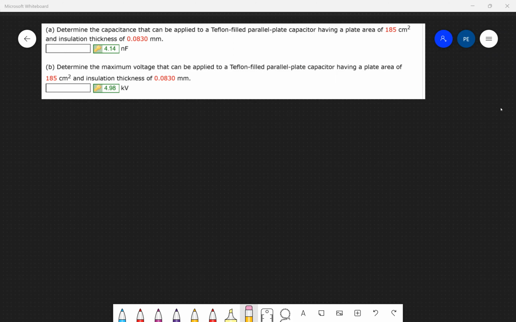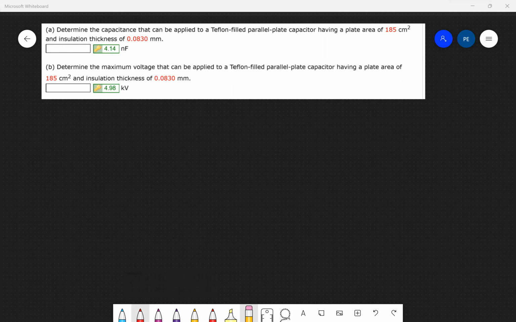Also, in part B, determine the maximum voltage that can be applied to a Teflon filled parallel plate capacitor having a plate area of 185 centimeters squared and insulation thickness of 0.0830 millimeters. All right, so the first thing we want to do is write down our information.